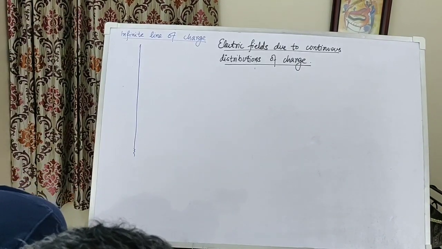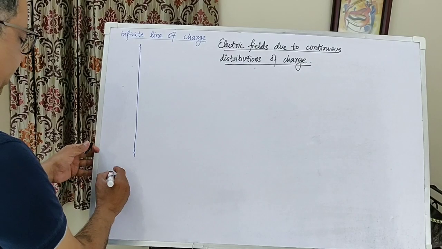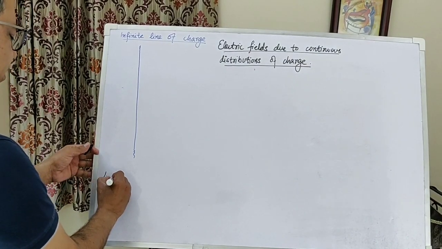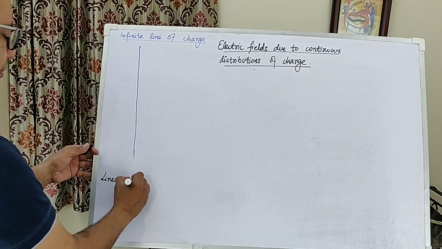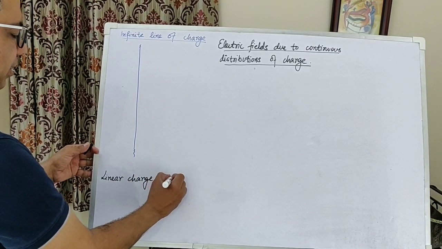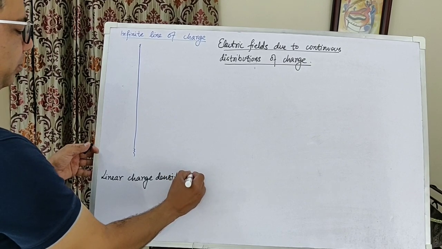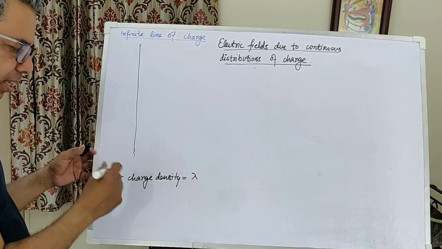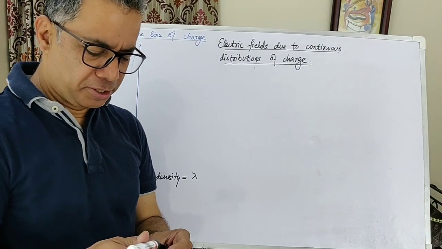This line of charge has a linear charge density equal to lambda. Now what's meant by linear charge density?